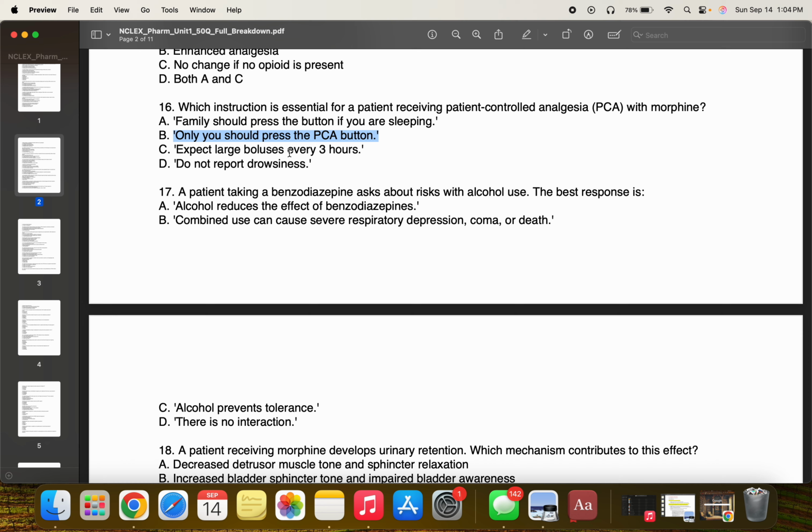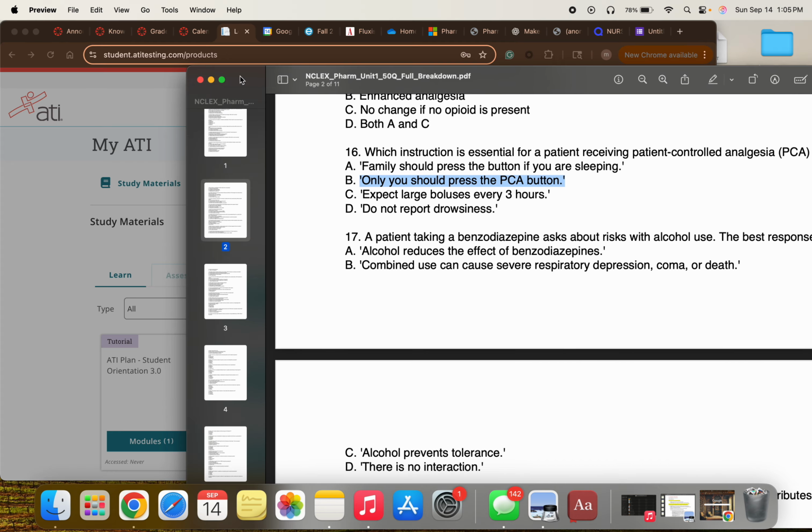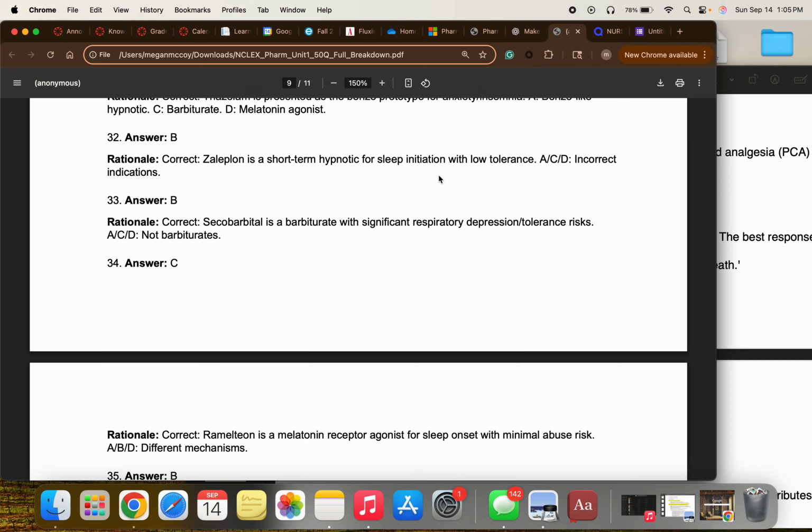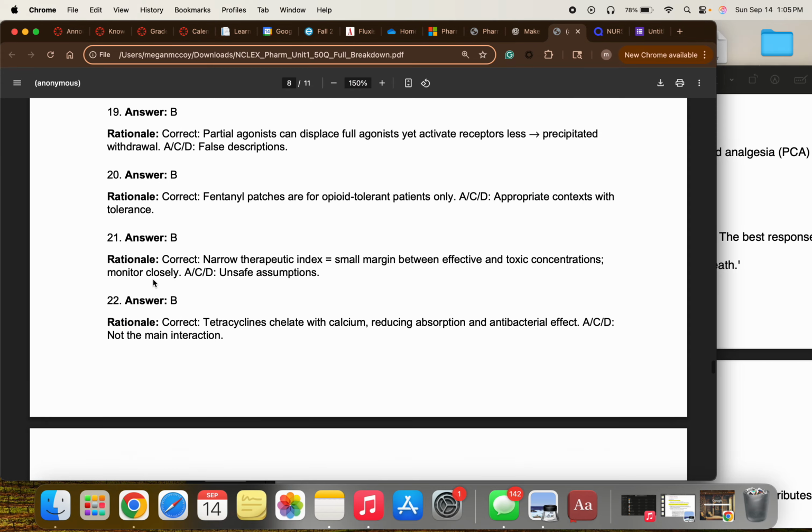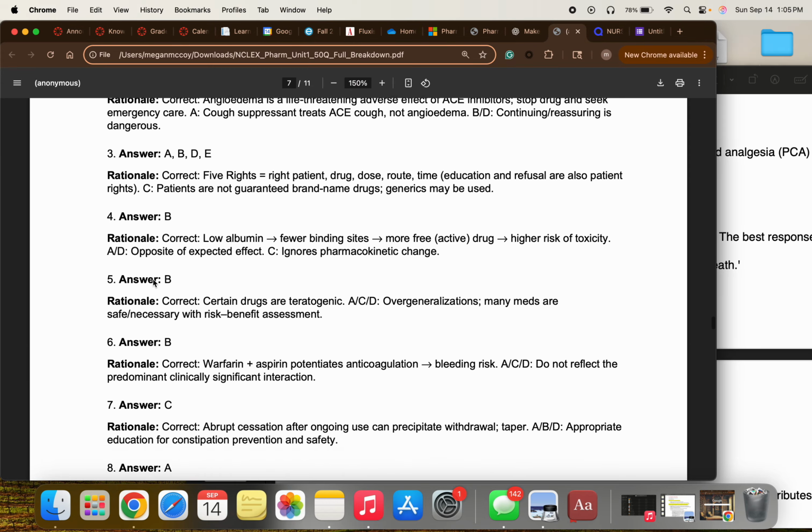And then do not report drowsiness. I'm pretty sure opioids, one of their symptoms is sedation, so I'm not really sure why, but clearly it's this answer. I can look at it and see if that's the right answer. What are we on, 16? What's the rationale?